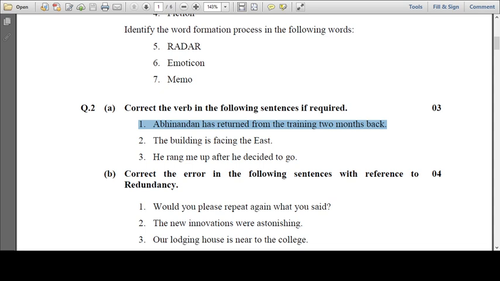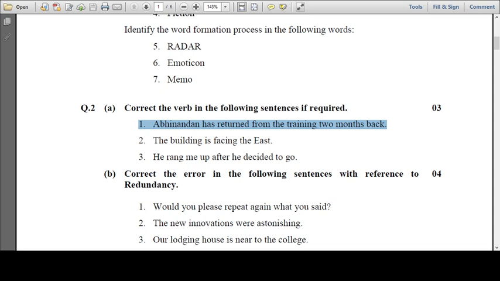So I'm giving you the answer. The first one is: Abhinandan returned from the training 2 months back. The error is that has will not come with 2 months back. Return. Darshil Natnani, your answer is right. Sorry, returned, not written. This will be the answer.